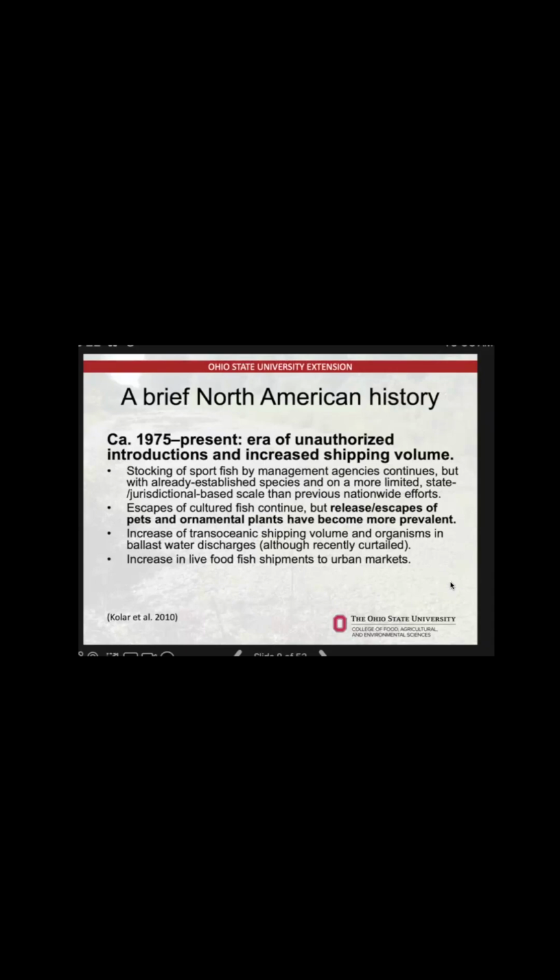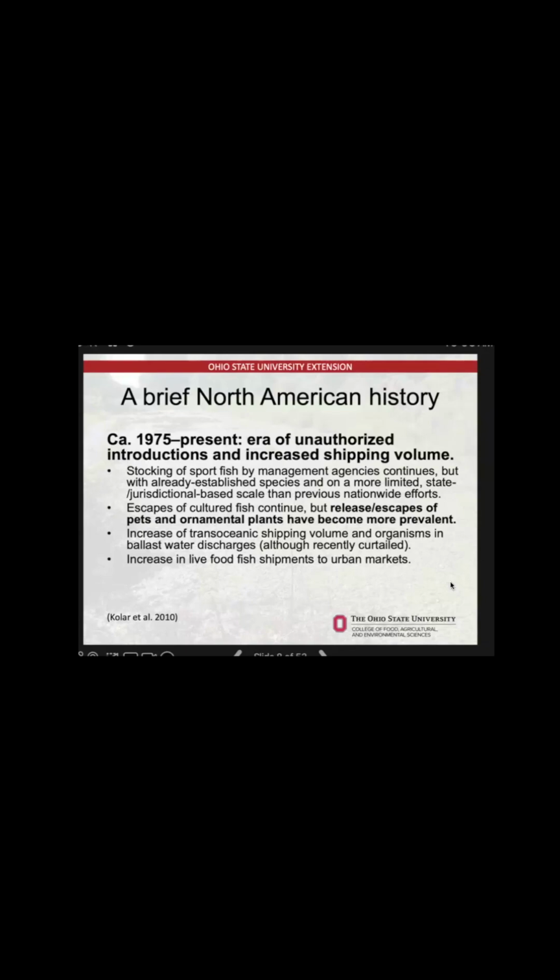What has really, really increased though is the escapes of organisms in trade, people just not being good stewards of the organisms that they buy as pets or ornamentals, right? Also, we've had a tremendous increase in shipping volume that came with an increase in the movement of ballast. And we'll talk more in a little more detail about that soon.